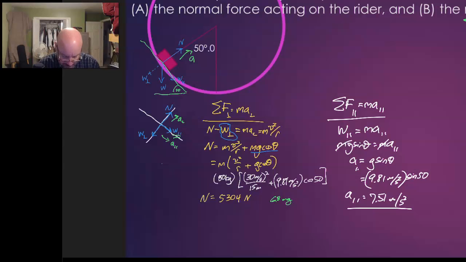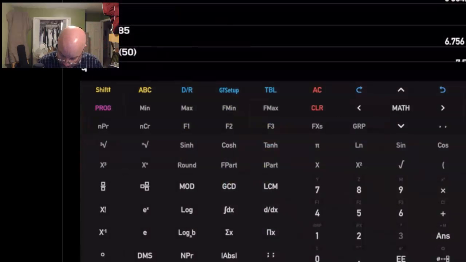Now, we didn't actually ever calculate what the actual centripetal acceleration is. So let's do that while we're at it. That's our centripetal acceleration right there, v squared over r. So v squared over r, 30 squared over 15, and I forgot to calculate that. So let me do that here. 30 squared divided by 15.